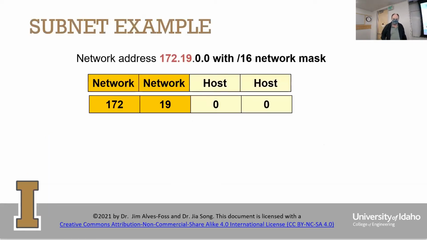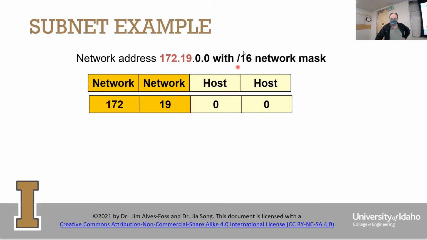Okay. So let's assume we have a network. This one, instead of doing the 129.101, we'll do 172.19 with a /16 network mask. What does that mean? You will see things written in notation with like /16, /24, /21, whatever. What it says is those last number of bits.